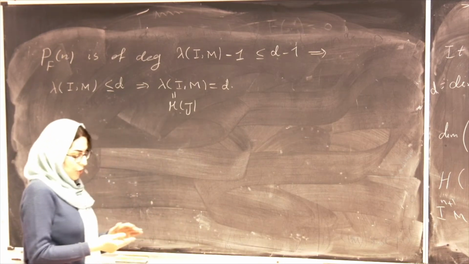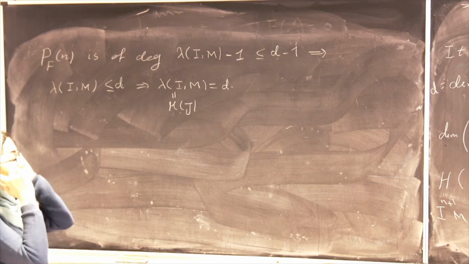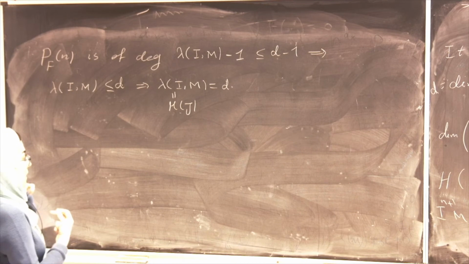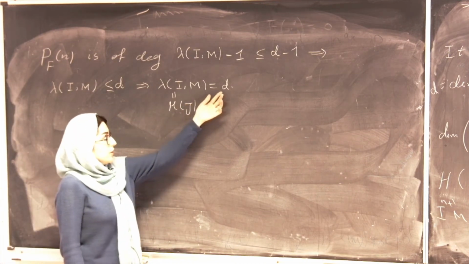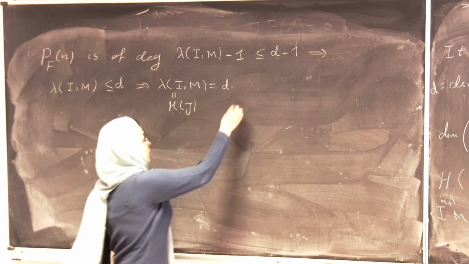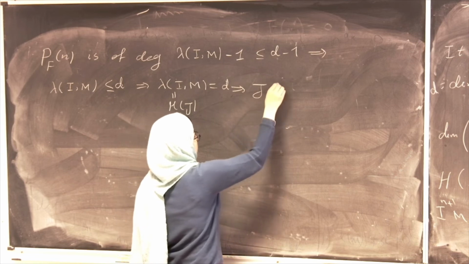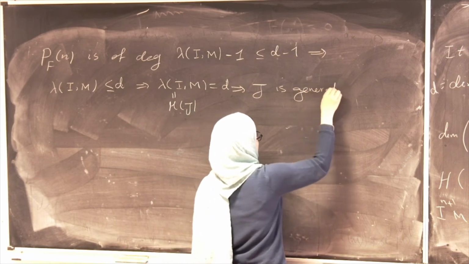So we showed that the ideal J, which was a reduction ideal of I, has exactly d minimal generators, where this d is just the dimension of our module. So J is generated by a system of parameters.